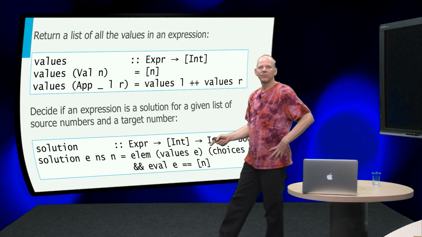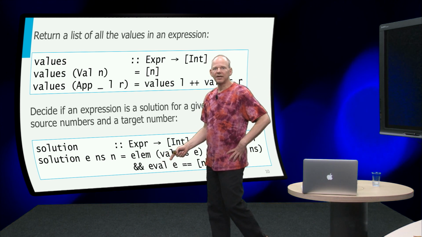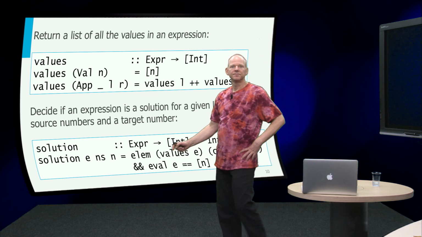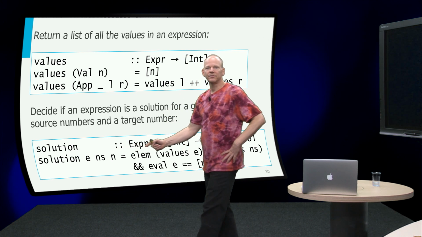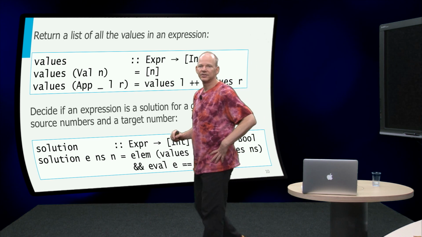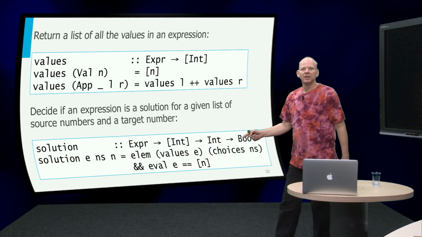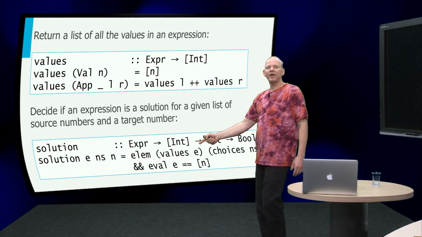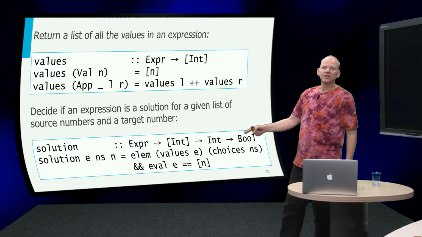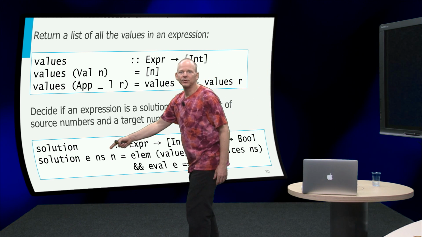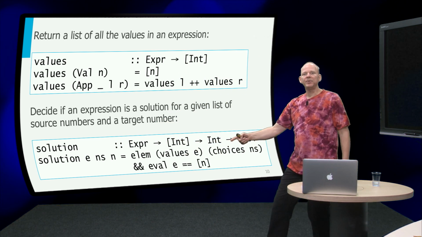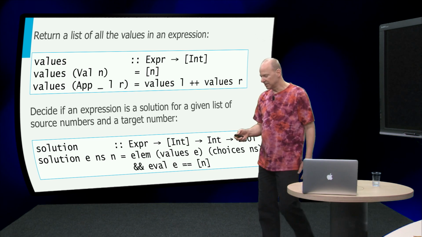Okay? So what this says is that, first of all, the expression must evaluate to the number that we're looking for. That was the number that we're required to find. And then, when we take all the values in that expression, that list must be a member of the list of all possible choices from the input numbers.